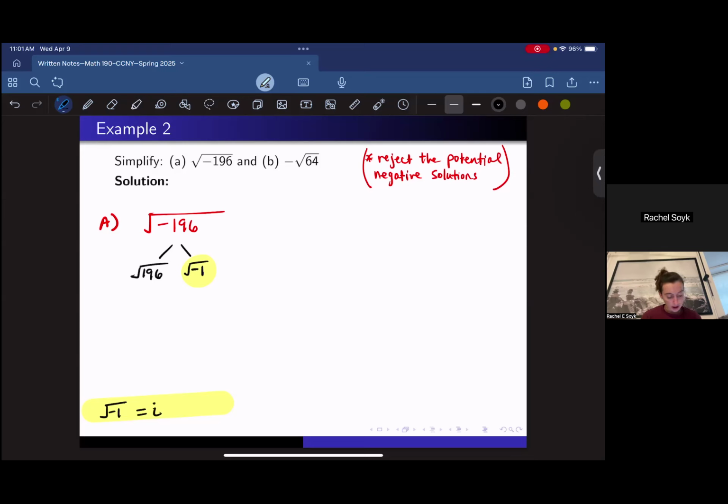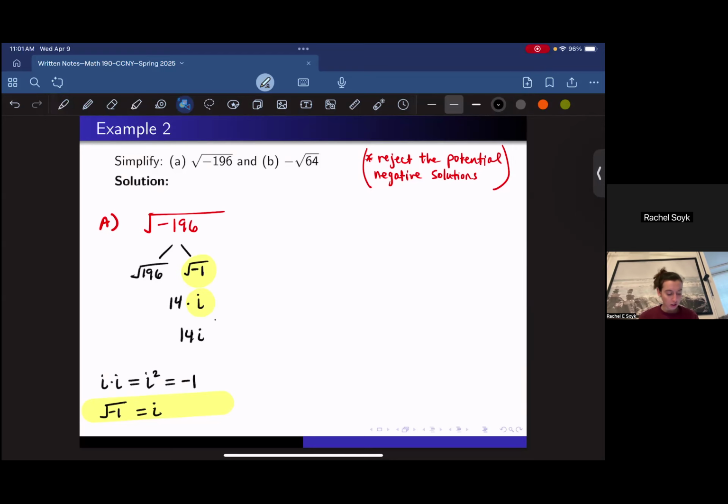In other words, i times i gives us i squared, and i squared is equal to negative 1. Okay, so first fun fact for today. And so now we can replace that square root of negative 1 with i, and the square root of positive 196 is just 14. So our final result is 14i.